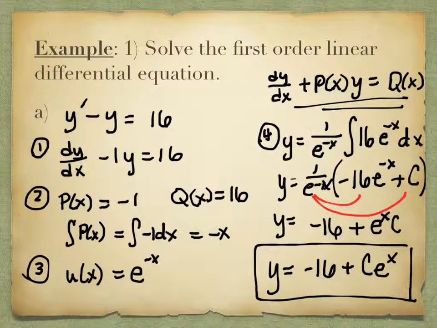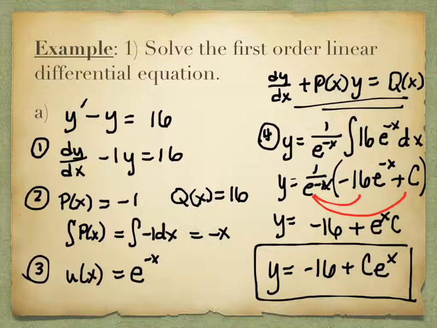And that is the solution for the differential equation. So in other words, if I were to take the derivative of what I just squared in, I could, after some manipulation, be back to where I started with y prime minus y equals 16.